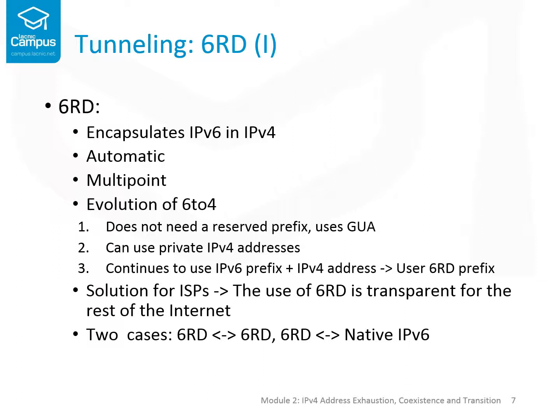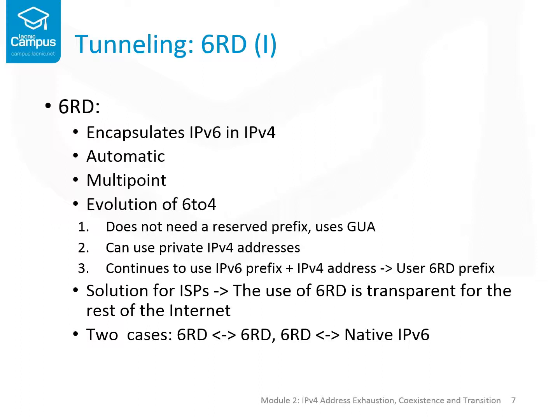6RD shares many of the features of 6-to-4. It encapsulates IPv6 in IPv4. It is also an automatic and multi-point tunneling mechanism. But because it is an evolution of 6-to-4, it also incorporates many improvements. Firstly, it doesn't need a reserved prefix since it uses the ISP's global unicast addresses.